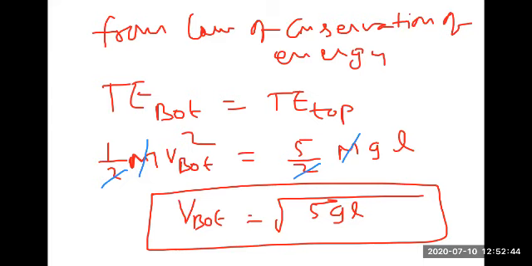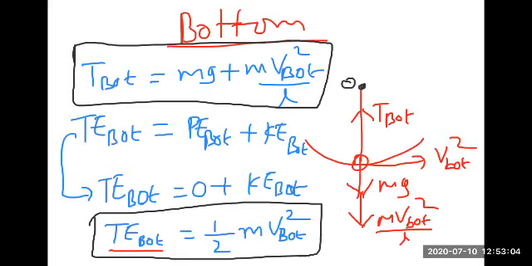We found the velocity at top, tension at top, and velocity at bottom. Now the question is, what is the tension at bottom? We already got an expression for tension at bottom. Here we observe that the sum of upward forces, that is tension at bottom, is equal to the sum of downward forces.